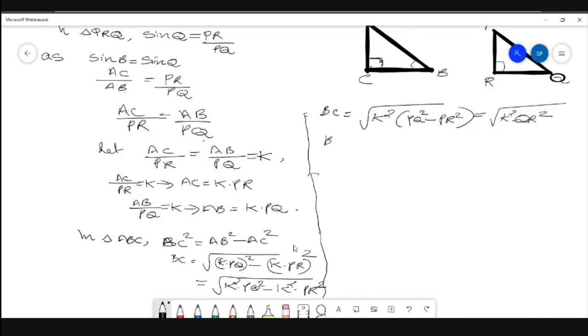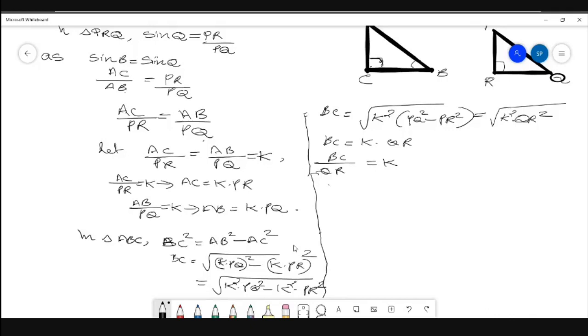So you can get BC as K, the root of K square is K, and the root of QR square is QR. So it is K into QR. That is, here we get BC by QR equal to K. Okay. Now what do you see? AC by PR equal to AB by PQ equal to K. Again, BC by QR is also K.